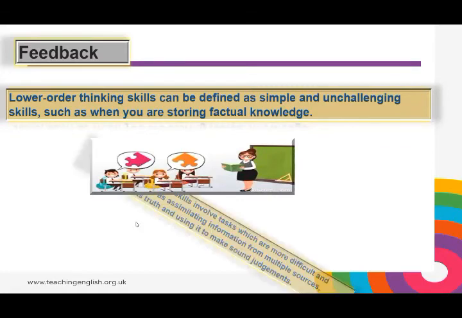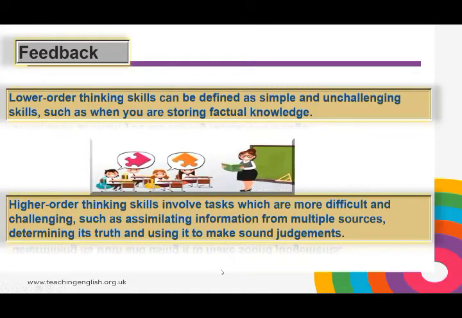Then higher order thinking skills involve tasks which are more difficult and challenging. So there is a challenge. You push the students to think, such as assimilating information from multiple sources, determining its truth, and using it to make sound judgments.